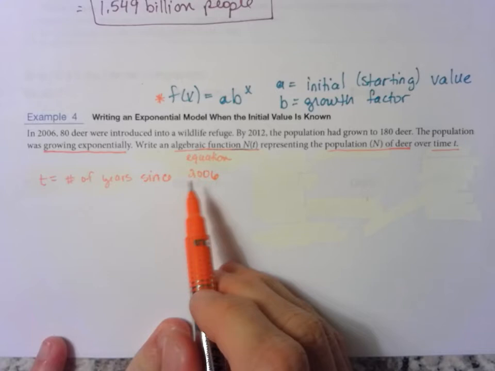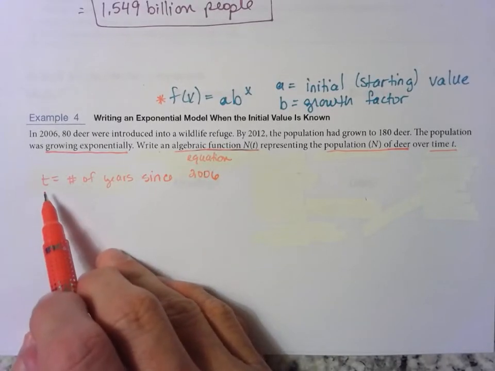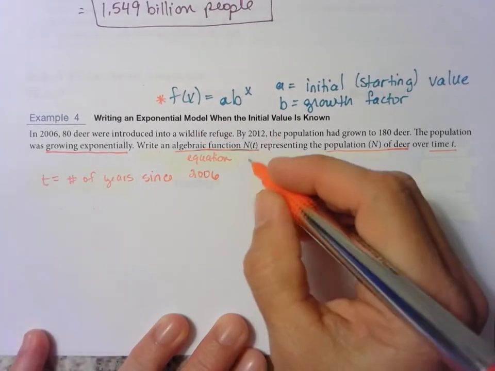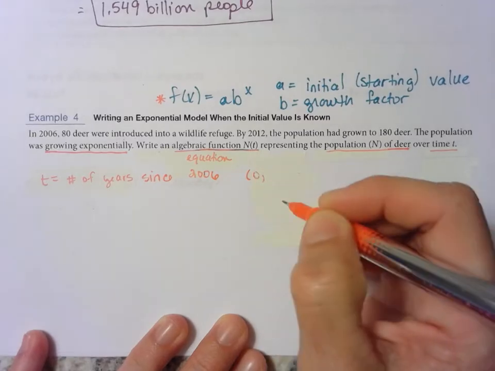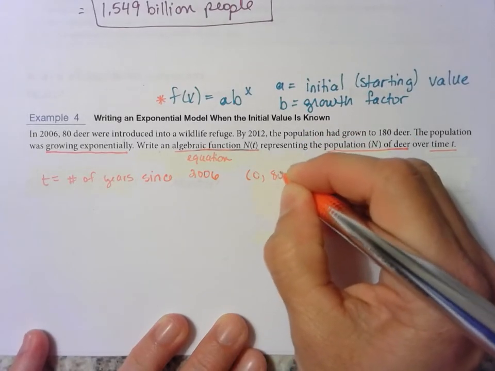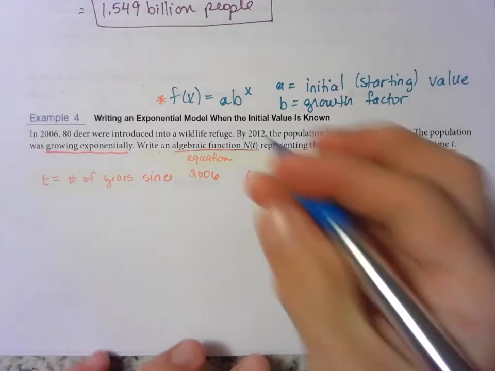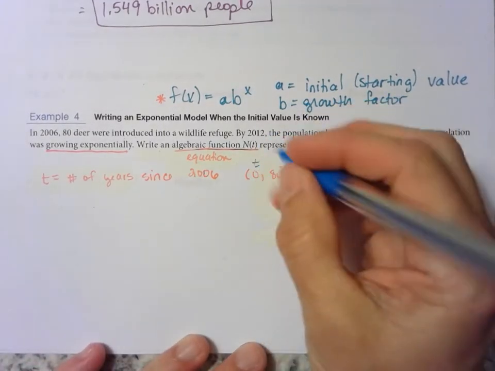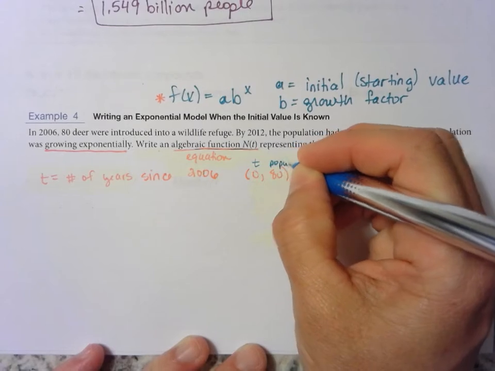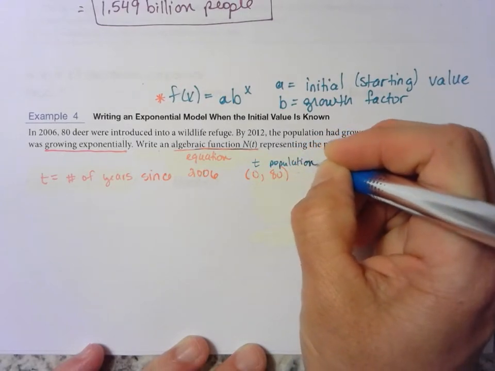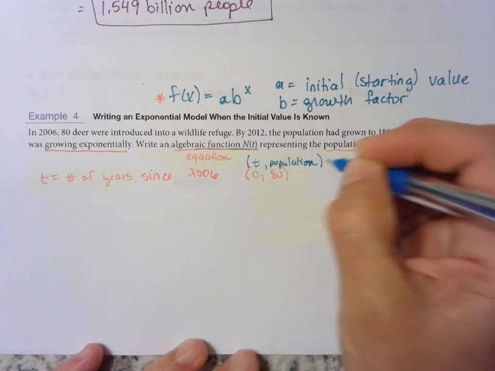If we do that, then 06 represents when T is 0, right? So when T is 0, the population is 80. Let me make a little note of that. When T is 0, the population is 80. So this is what our ordered pair looks like.